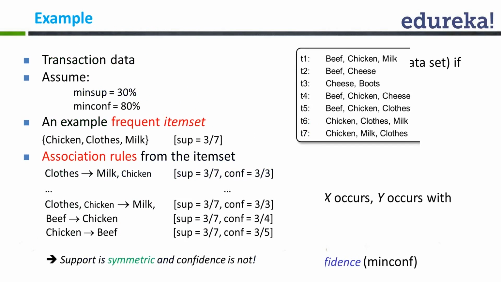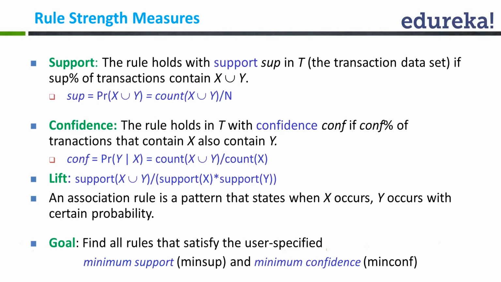Let's look at an example. There are two measures that you use in order to figure out whether a particular rule is important or not. I can create any random rule, right? I can say bread implies iPhone.